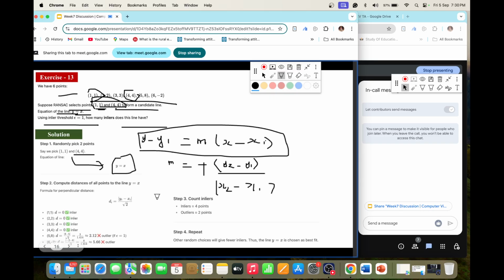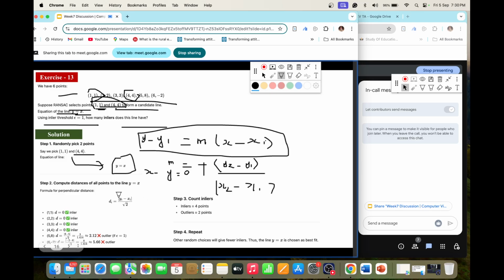A and b are nothing but this, okay. So a is 1, b is minus 1. Actually this will be x minus y equal to 0, that is x equals y, right. So a is 1, b is minus 1 and c is 0, okay.